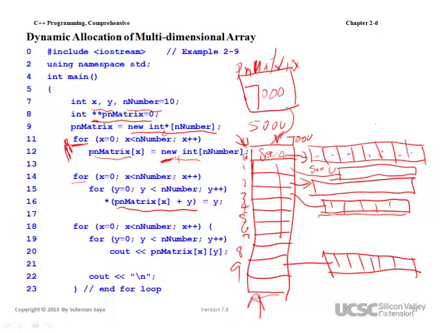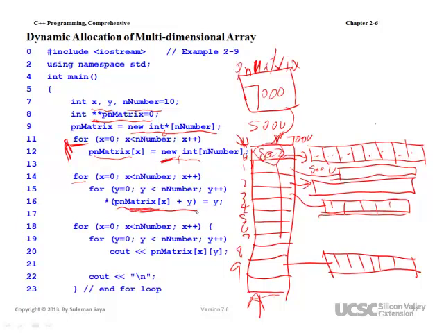At line number 16, what we are looking at is Pn matrix in square bracket x. What does that mean? It will give you the address, this address right here, for example, plus y, whatever the value of y is.